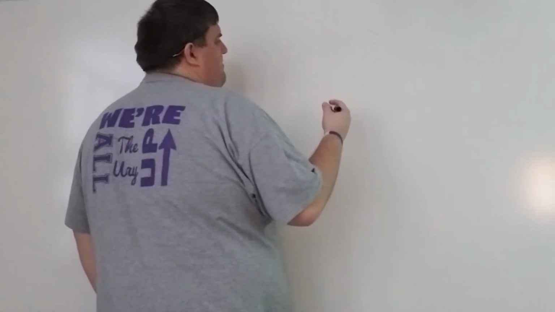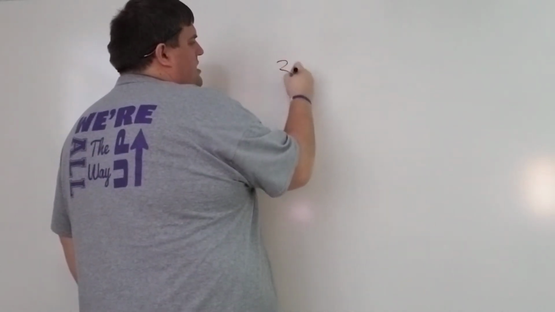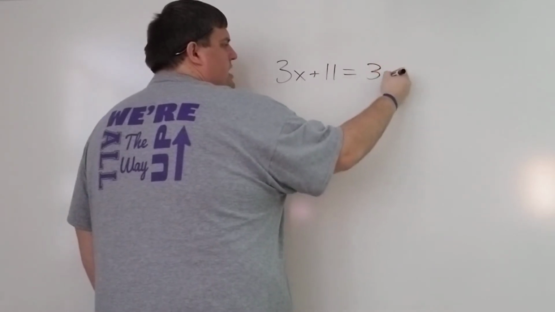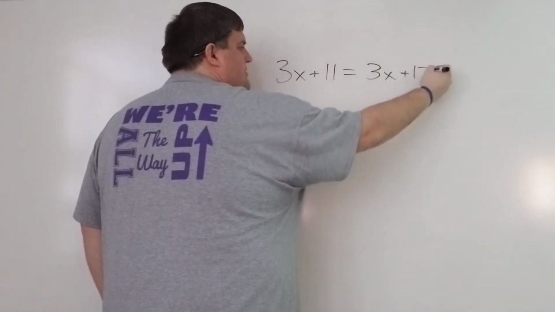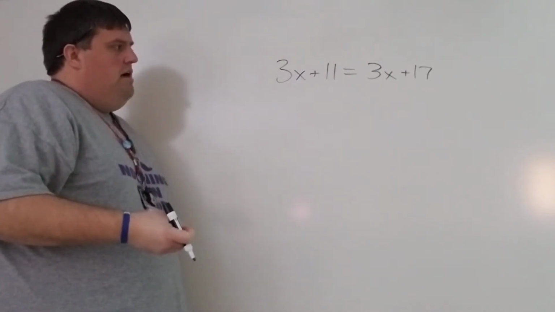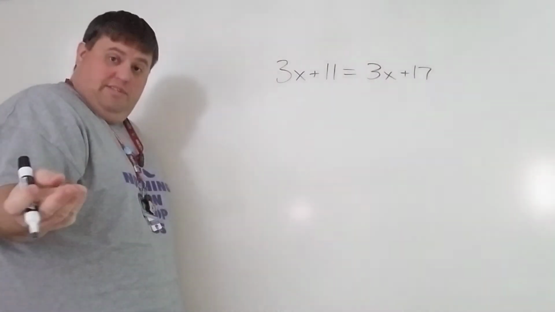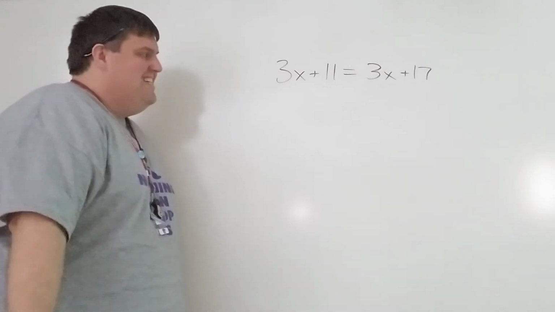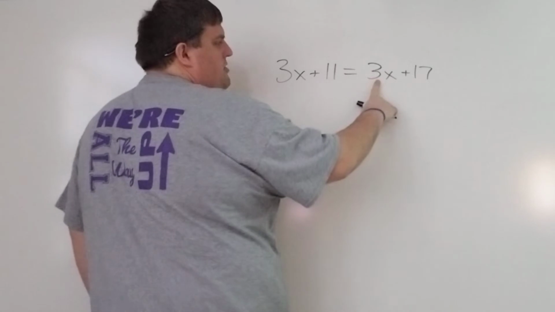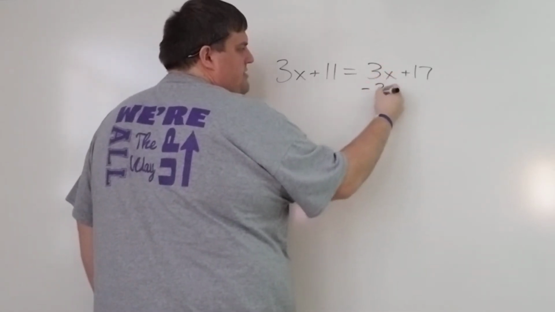And so, if you remember back to when we solved stuff that looked like this, 3x plus 11 equals 3x plus 17, right? We were solving equations. We want to solve it for x. Hopefully you remember all this. We know that if there's variables on both sides, I'd want to get rid of a variable, so maybe I'd subtract this 3x.